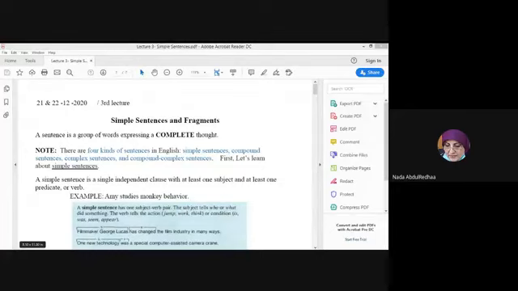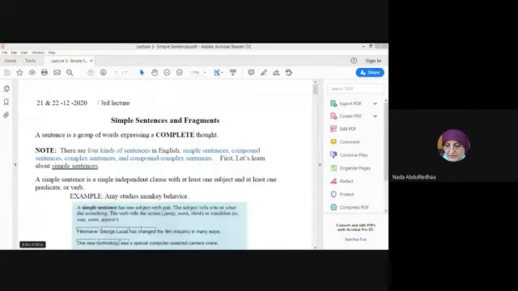So the dependent clauses are the clauses which cannot stand alone. They cannot be a full sentence. You cannot say that a dependent clause is a sentence.